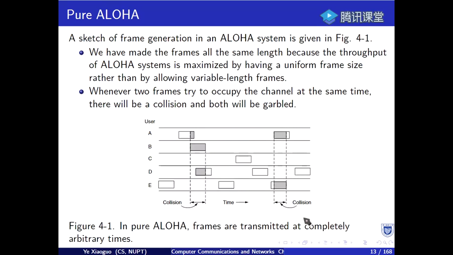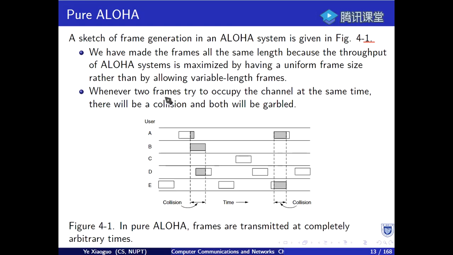This figure shows the principles of pure Aloha. A sketch of frame generation in the Aloha system is given in Figure 1. We have made the frames all the same length because the throughput of an Aloha system is maximized by having uniform frame size rather than by allowing variable length frames.